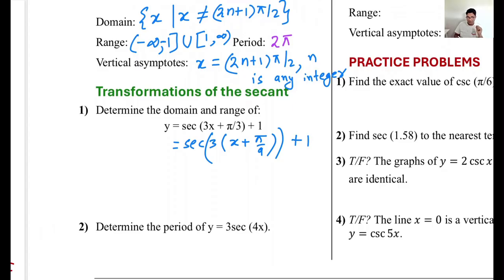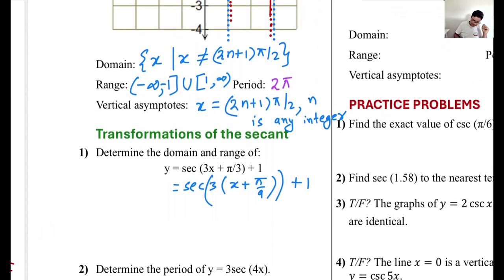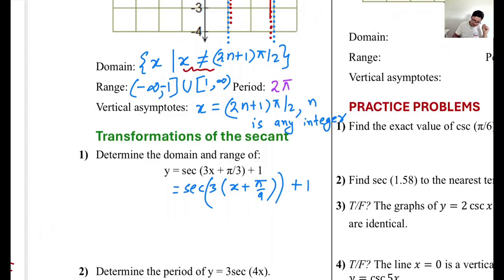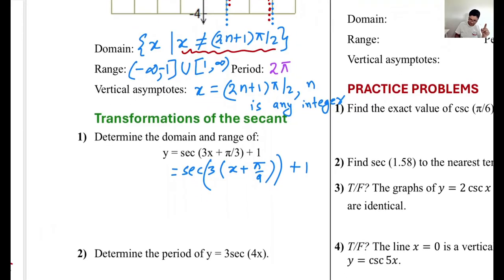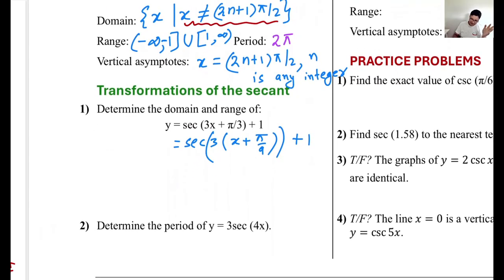So what this will do now is, in the domain, okay, let's first discuss the domain. What was the idea of the domain? That x cannot be odd multiples of pi over 2. That was the condition, right? Which here is this. This is like your x now, the input to the secant function.